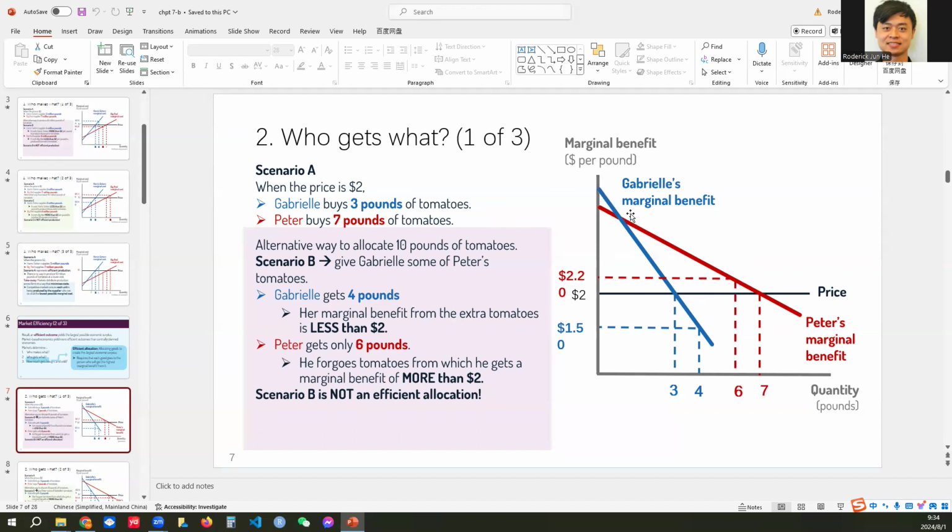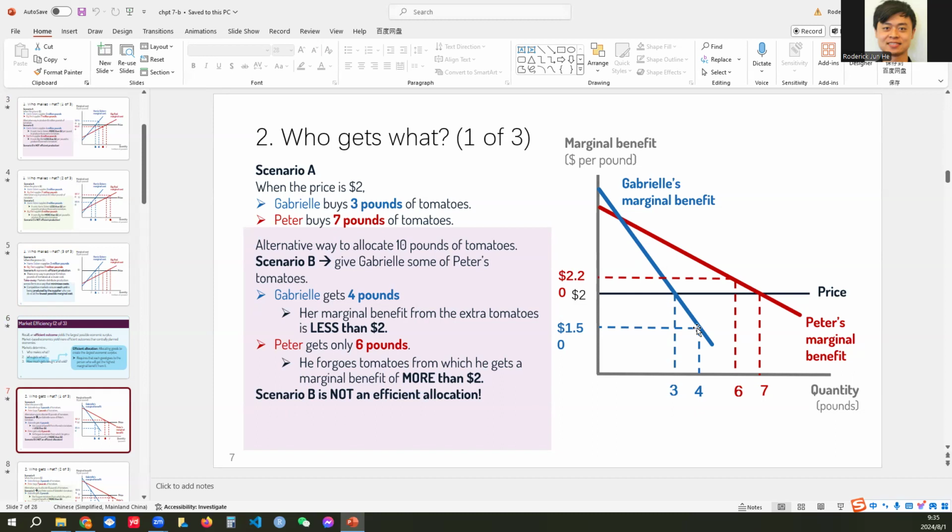Well, if Gabriel gets 4 pounds, their willingness to pay is 1.5, but the market price is higher than this, right? So within this 3 to 4, what happens to this consumer is that this consumer is getting too much.